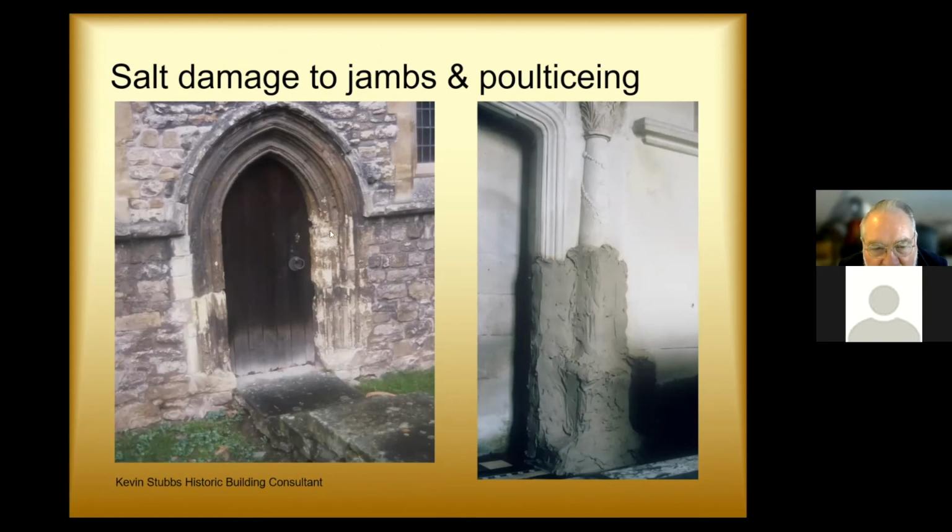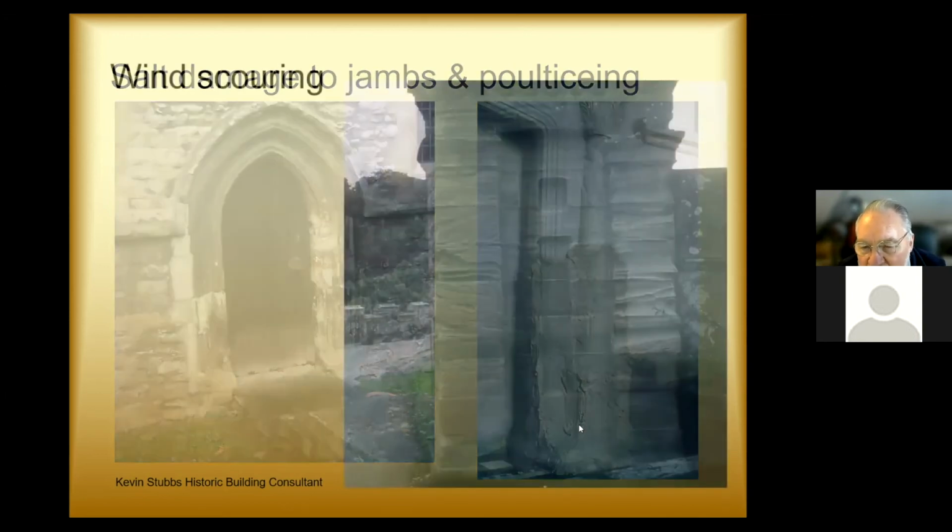Well, with decorative stonework like this, one can use a poulticing system. This is a clay poulticing system which pulls out the salts into the clays, and by using this over a period, you can desalinate the stonework beneath, but it's a very slow system.